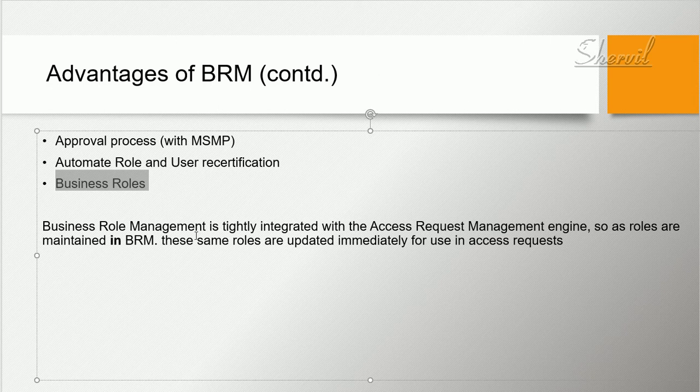It could include a composite role itself. Technically, a composite role cannot have a composite role, but in a business role you could assign a composite role. So a business role is a collection or repository of technical roles from your plugin systems. All right.